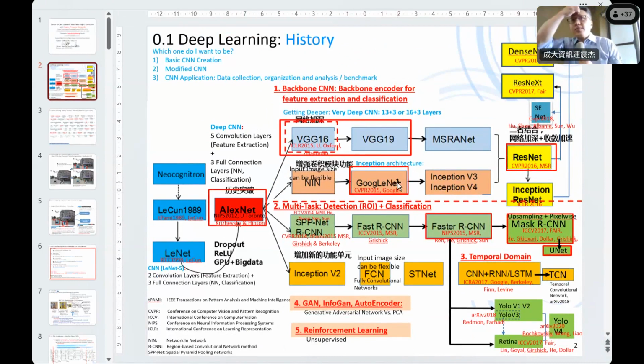Those are the basic backbones for feature extraction. The purpose of the backbone is encoding and classification.